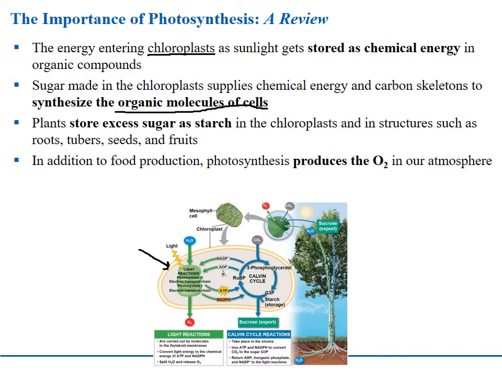The plants also will store excess sugar as starch, so anytime you're eating a potato or a carrot, even corn and peas, beans, all are starch storage mechanisms that the plants use to store excess sugar. The process, as a byproduct, will produce oxygen that allows for us to breathe and allows for the process of cellular respiration to take place as well.